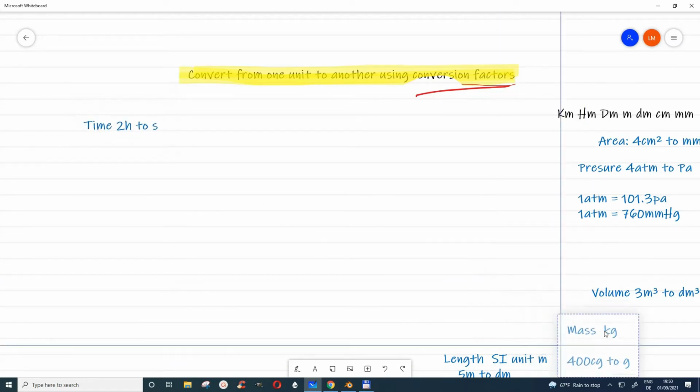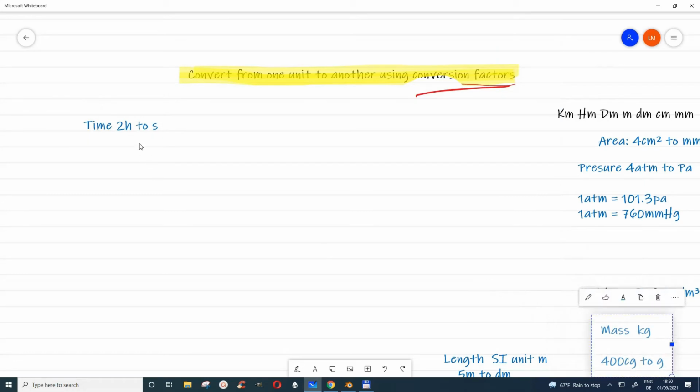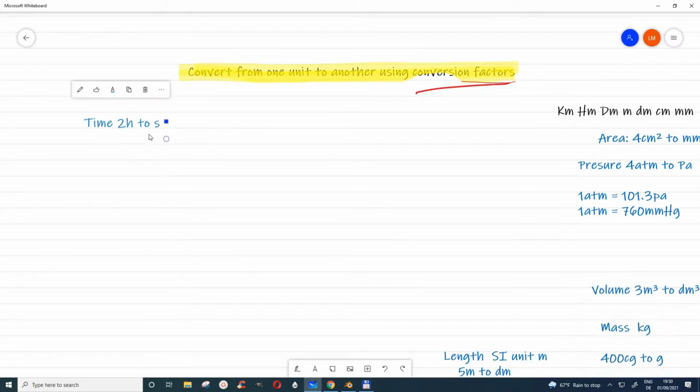Most of us know how many minutes make an hour. If you know how many seconds make an hour, it's 1 step, but I'm going to do this in 2 steps, in case those of us who can't easily guess how many seconds make an hour, we do it in 2 steps.